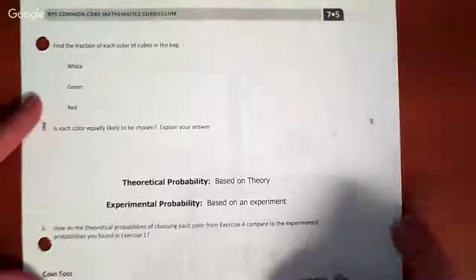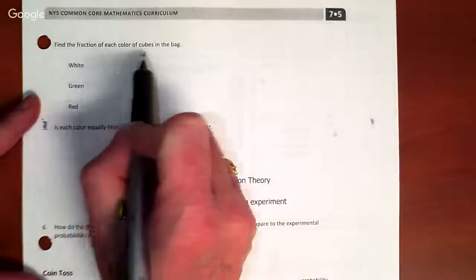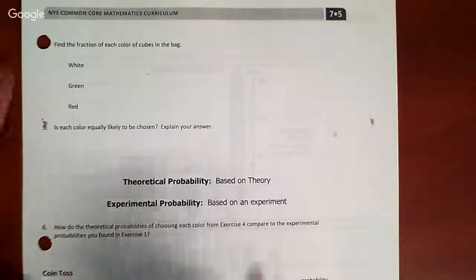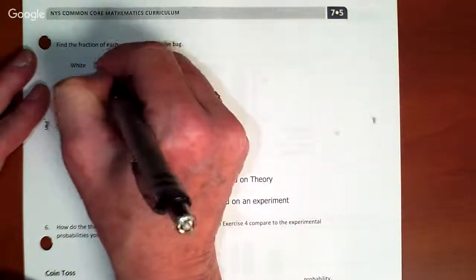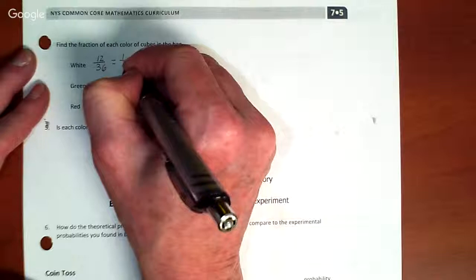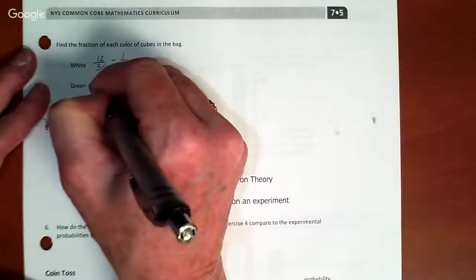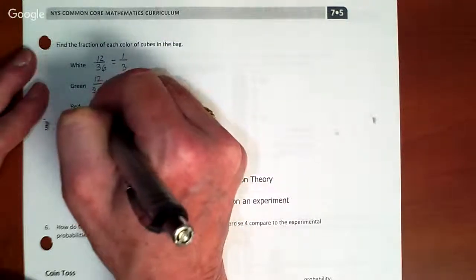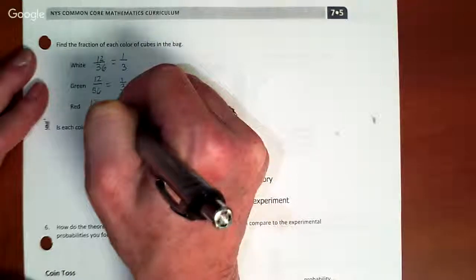Okay. So next it says, find the fraction of each color of cubes in the bag. Out of the 36 for the white, it would be 12 out of 36, or 1/3. 12 out of 36, which would be 1/3, and 12 out of 36, which would also be 1/3.